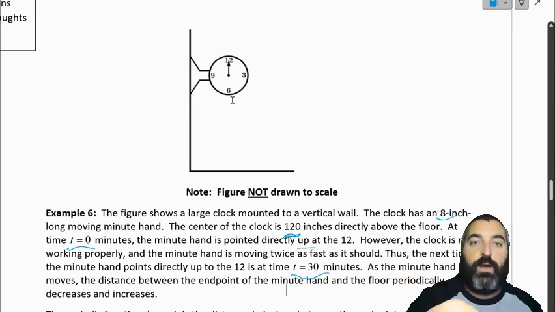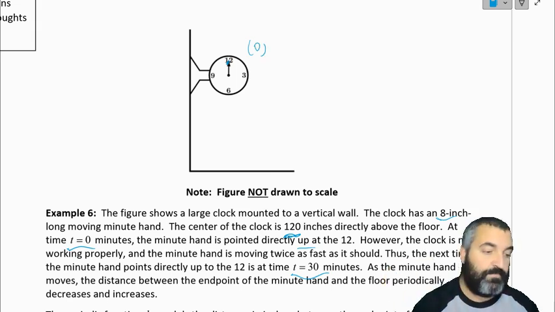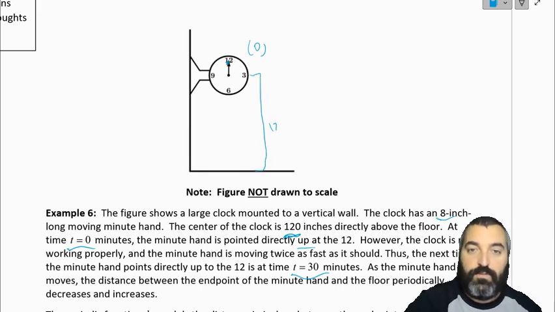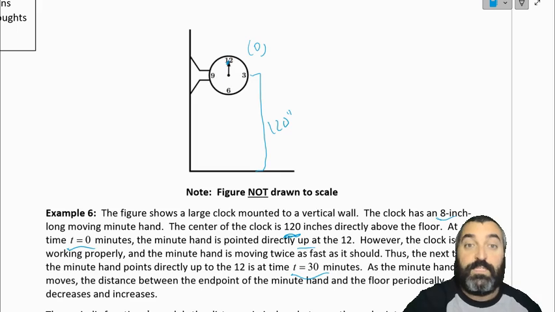So we know at time 0, it's pointing up here. At time 0, the center of the clock is 120 inches, oh man, getting my units all mixed up, 120 inches off the ground to the center.